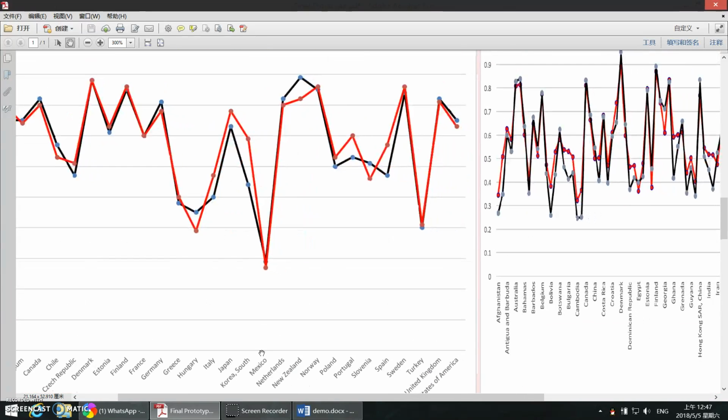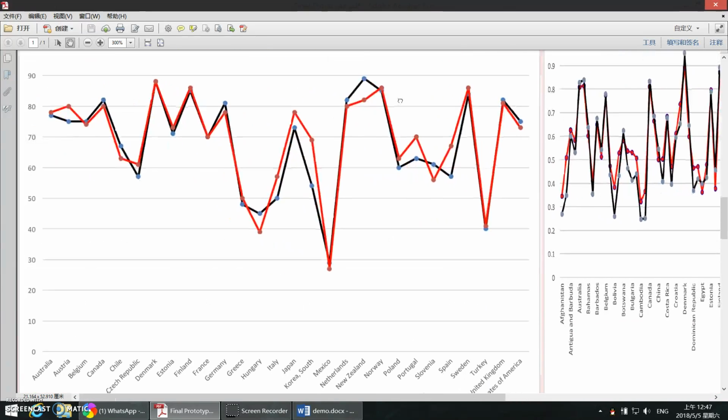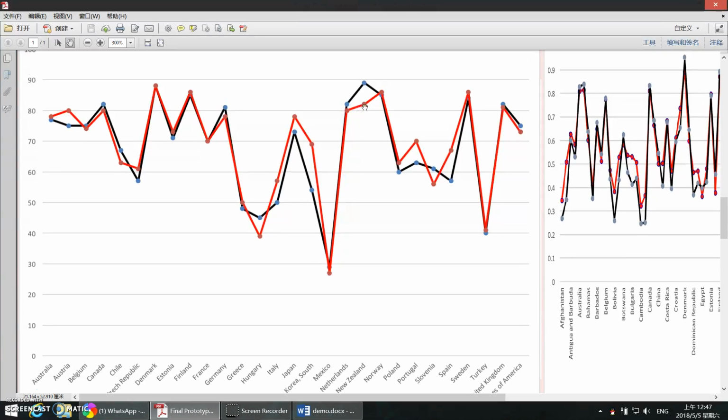So New Zealand has the CPI index of about 82 or 83. So this means that New Zealand is much less corrupted than most of the other countries in this graph.